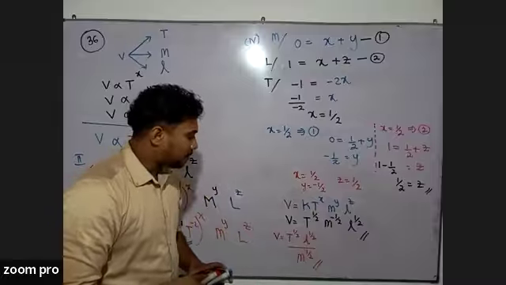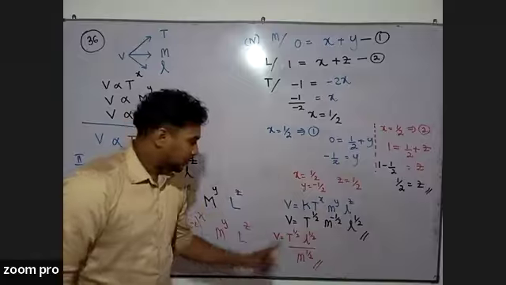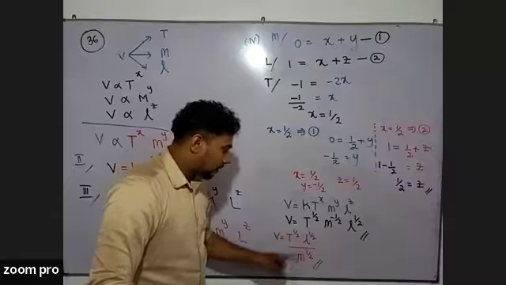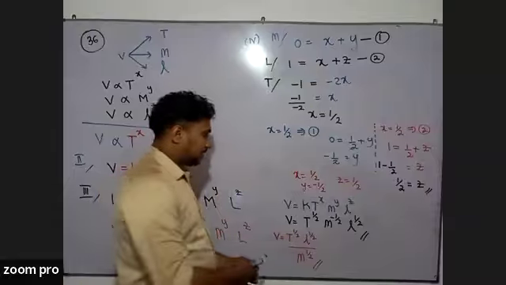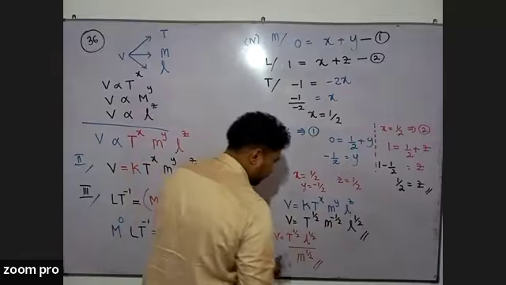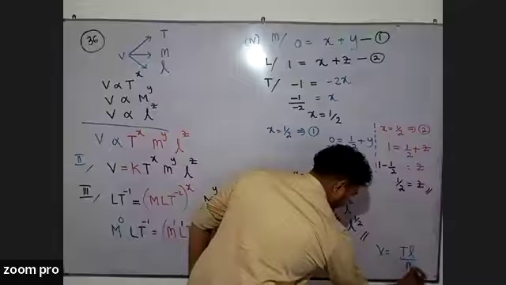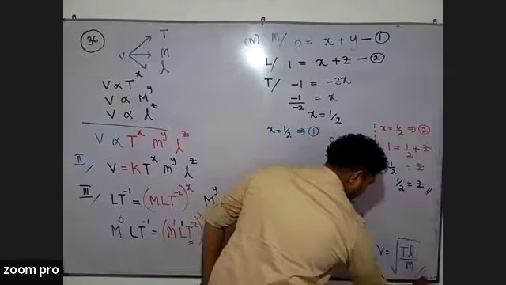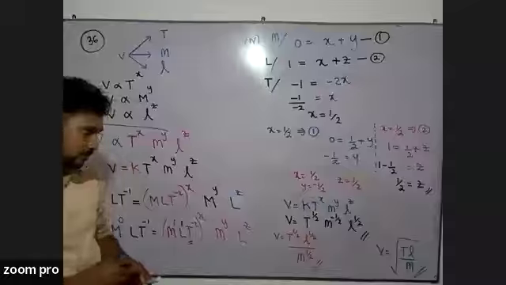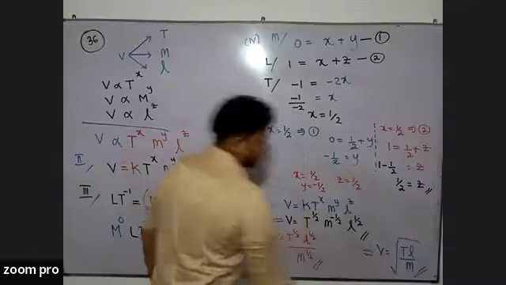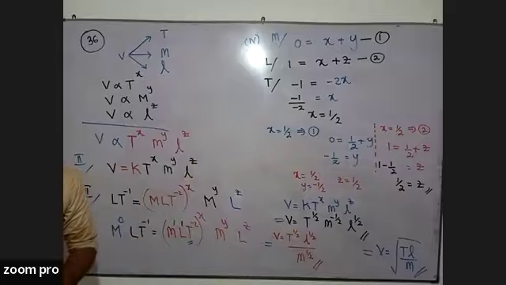Previously I mentioned that the half power represents the root sign. Each term consists of a half power, so instead of this expression, I can arrange it as the root of TL over m, root of TL over m, right? So any of these answers can be considered as the correct one, right?